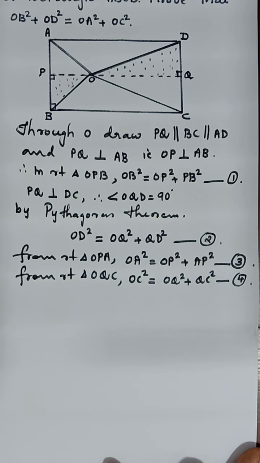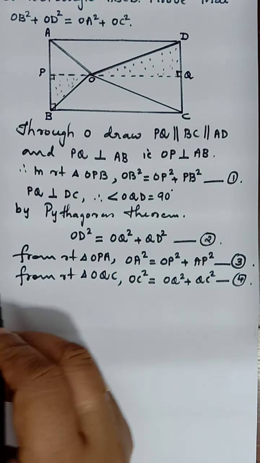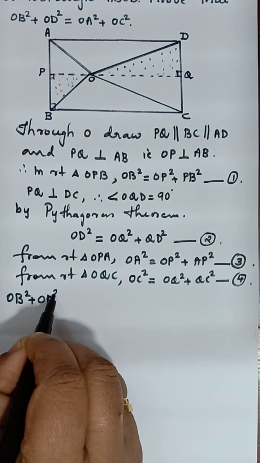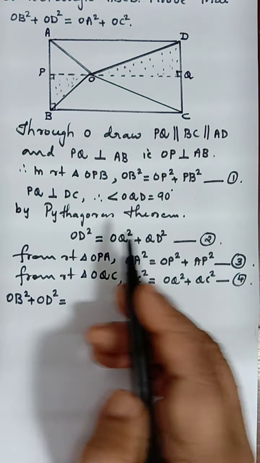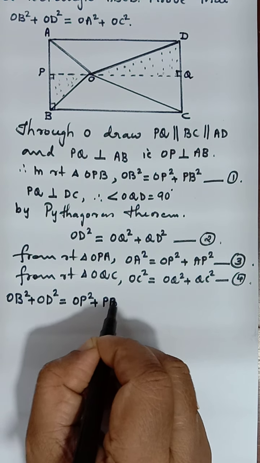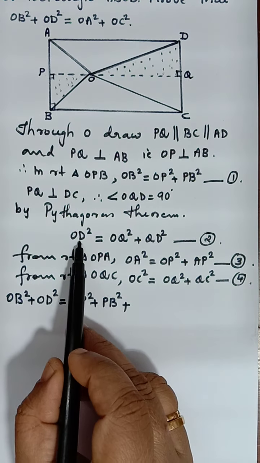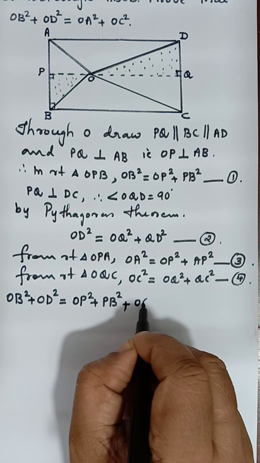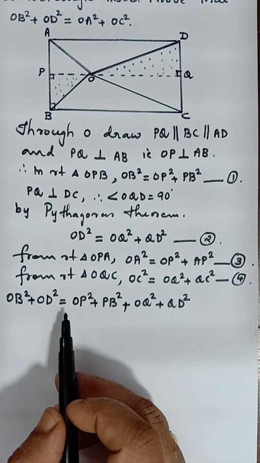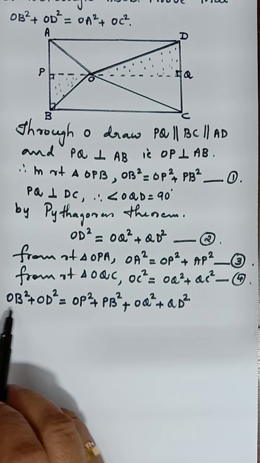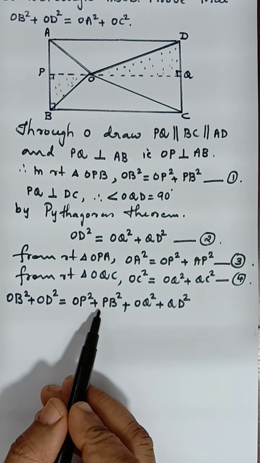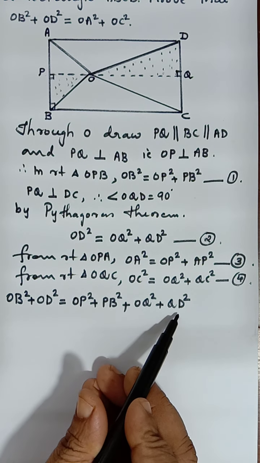Let us write the left hand side of it, that is OB square plus OD square. OB square we have written already as OP square plus PB square, and OD square as OQ square plus QD square. Now the left hand side is very clear: OP square plus PB square plus OQ square plus QD square.